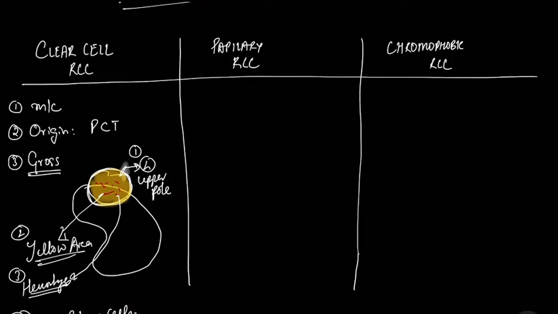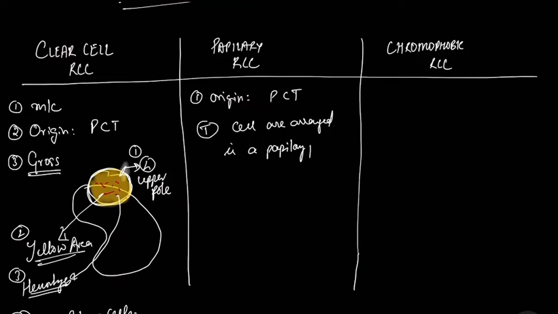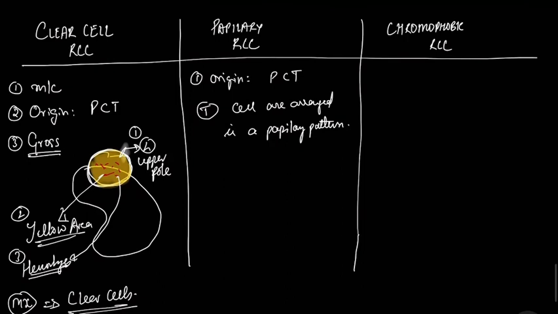Now let's come to your papillary RCC. The origin for this is your PCT again. The tumor cells are arranged in a papillary pattern. Now coming to its gross, we see multiple lesions.